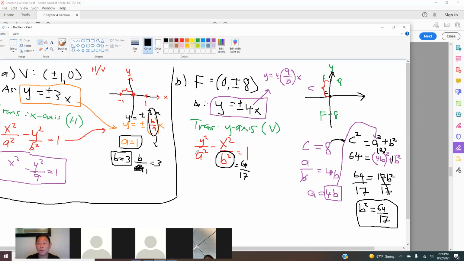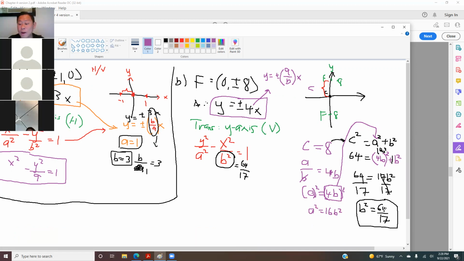So what we need to do here is substitute back. Since this is B squared, and this is just B, I square both sides here, so we end up with A squared equals 16 times B squared. And since we know B squared is 64 over 17, I resubstitute this back.